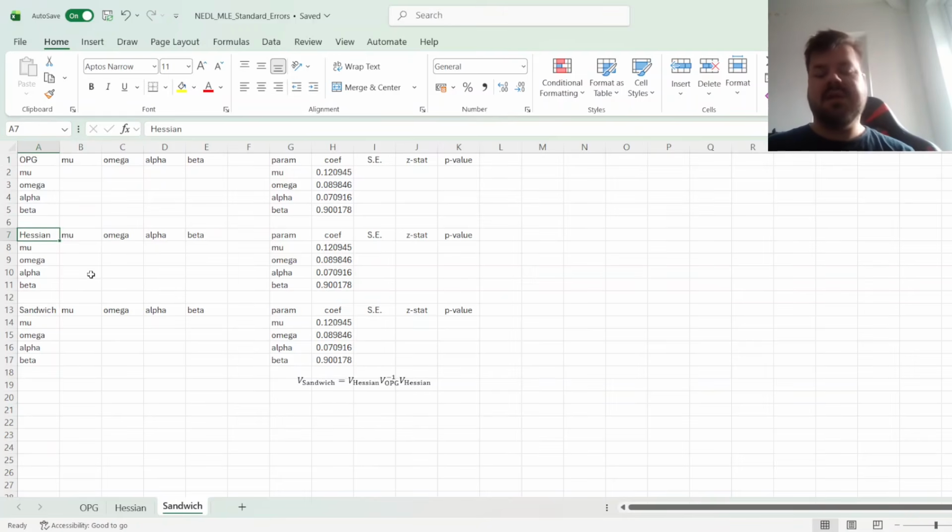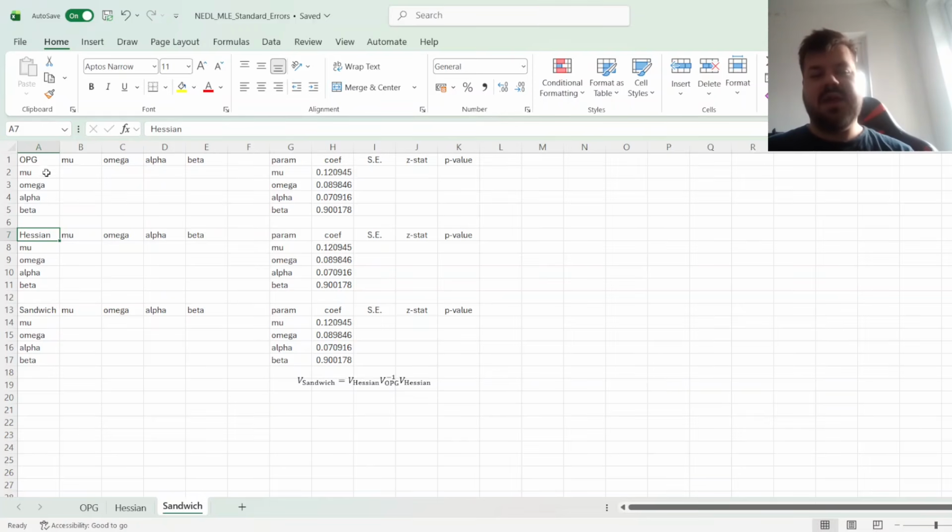But what the Hessian approach suffers from is that when there is any sort of misspecification in our model, for instance, we do not account for autocorrelation or heteroscedasticity, if there are omitted variables or some other structure in the data that we have not explicitly accounted for, the standard errors of the Hessian matrix approach can be quite a lot off.